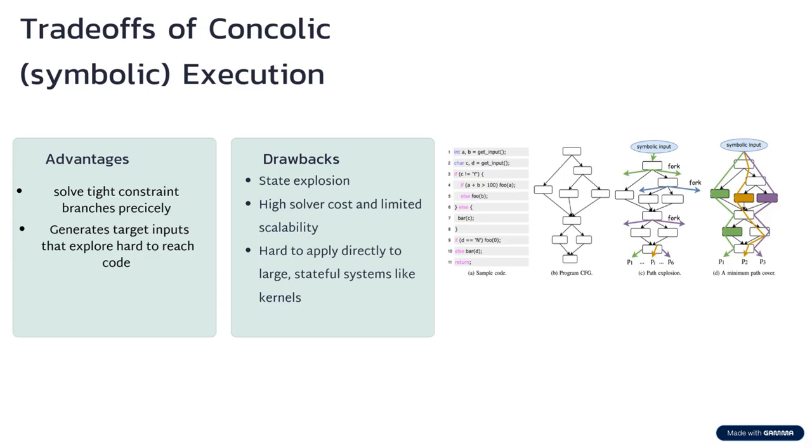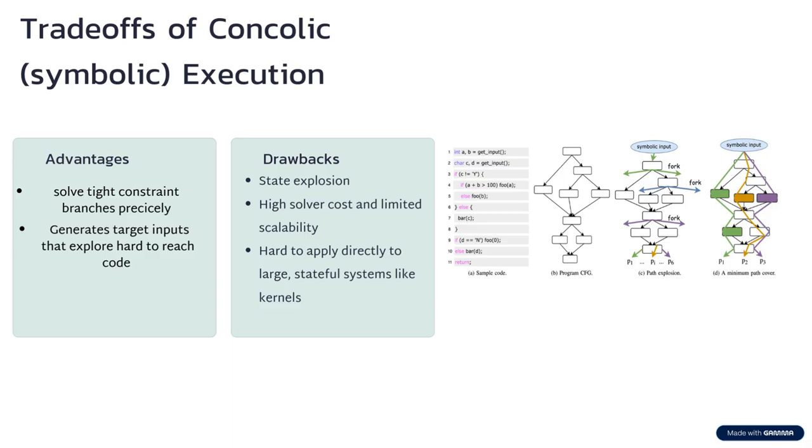Every time concolic execution tries to flip a branch, it has to send the collected constraints to an SMT solver. If those constraints involve pointer arithmetic, nested structures, or kernel state, solving can take seconds or even longer. And when it comes to fuzzing, speed really matters. Traditional fuzzers can execute thousands of inputs per second. If symbolic reasoning takes seconds for just one input, the entire process slows down.